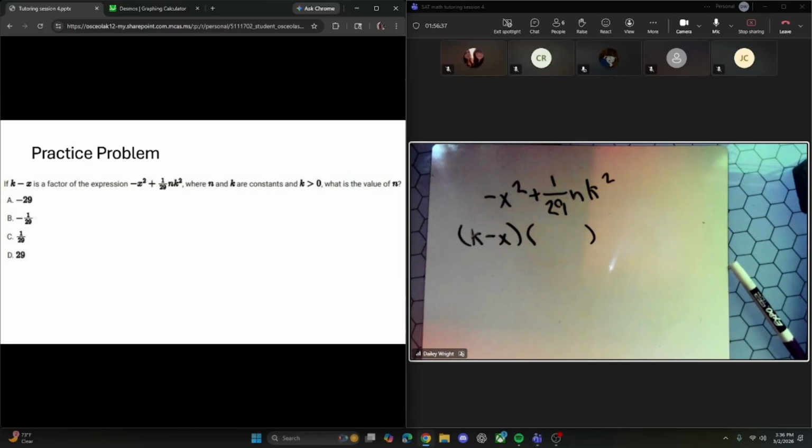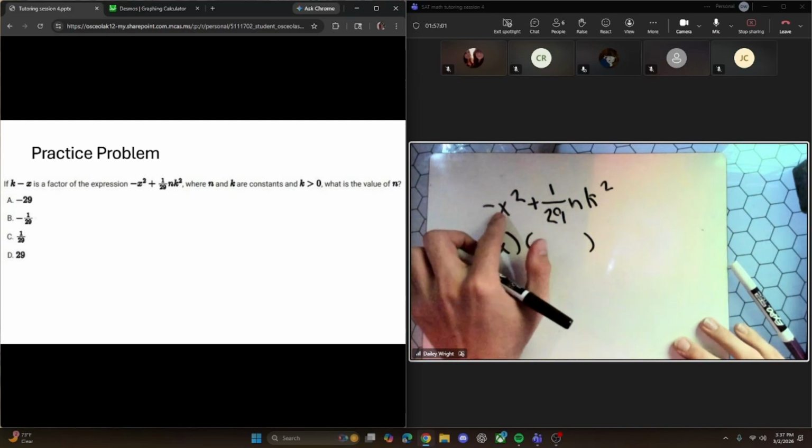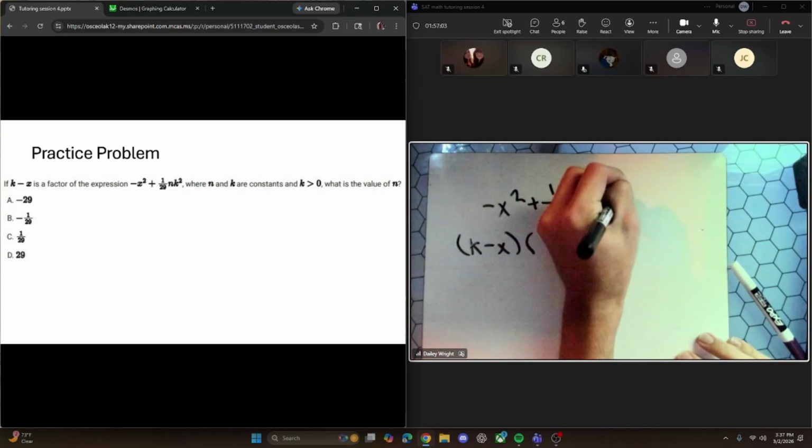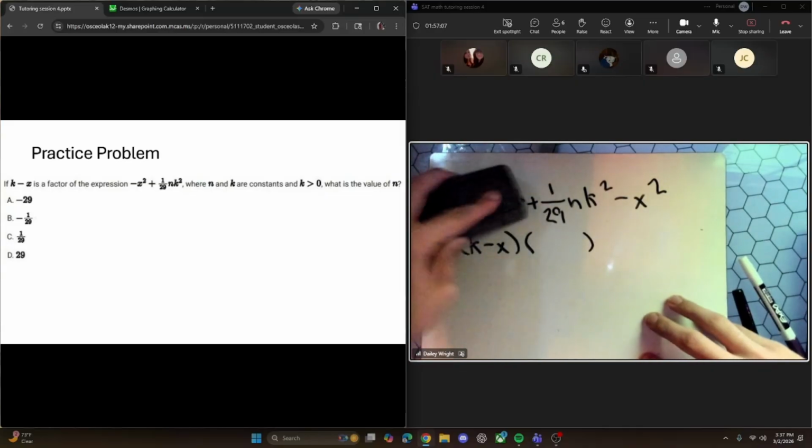The thing we have to look at now is that both of the variables and constants in this expression here are squared. So if you rewrite this, let's put minus x squared back here instead of negative x squared out front.